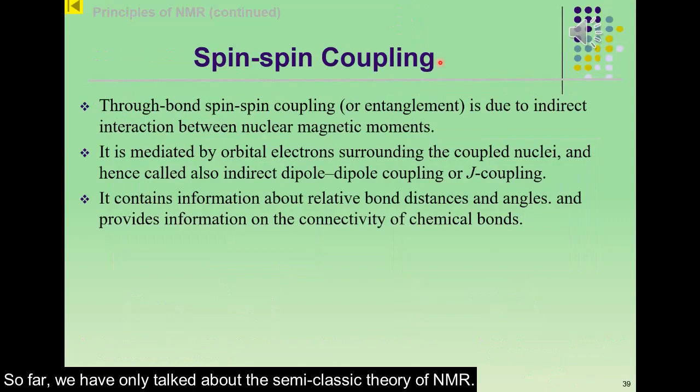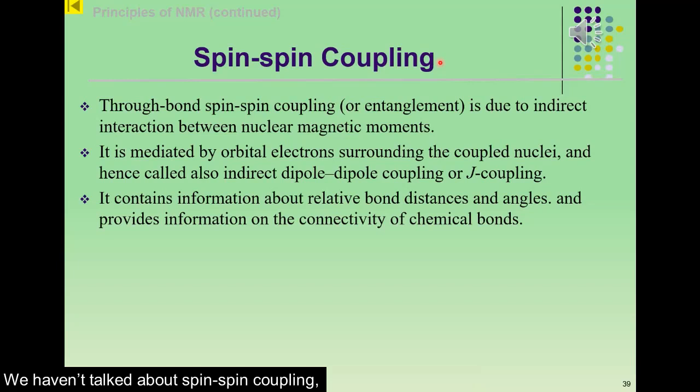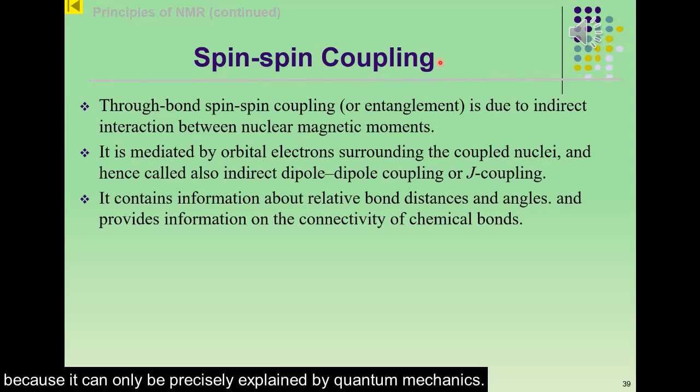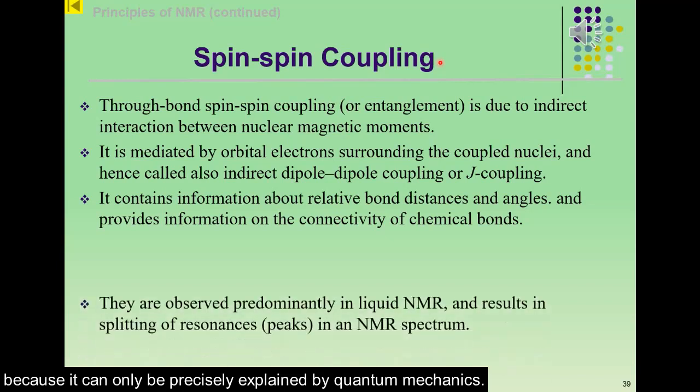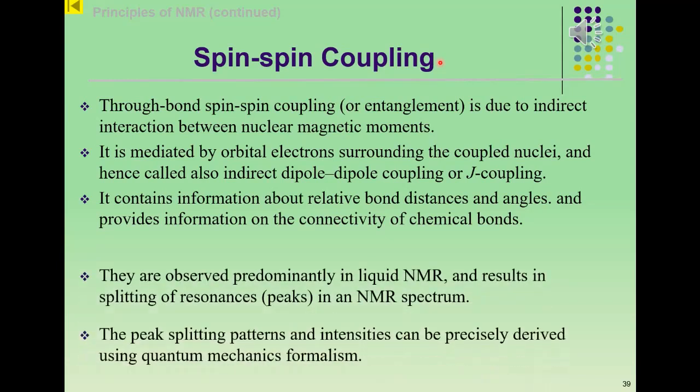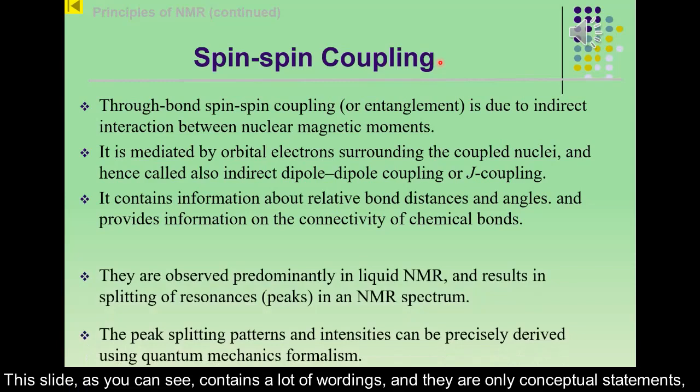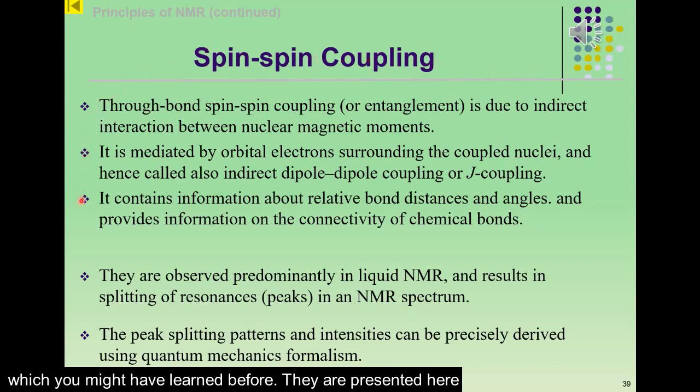So far, we have only talked about semi-classic theory of NMR. We haven't talked about spin-spin coupling because it can only be precisely explained by quantum mechanics. This slide, as you can see, contains a lot of wordings, and there are only conceptual statements, which you might have learned before.